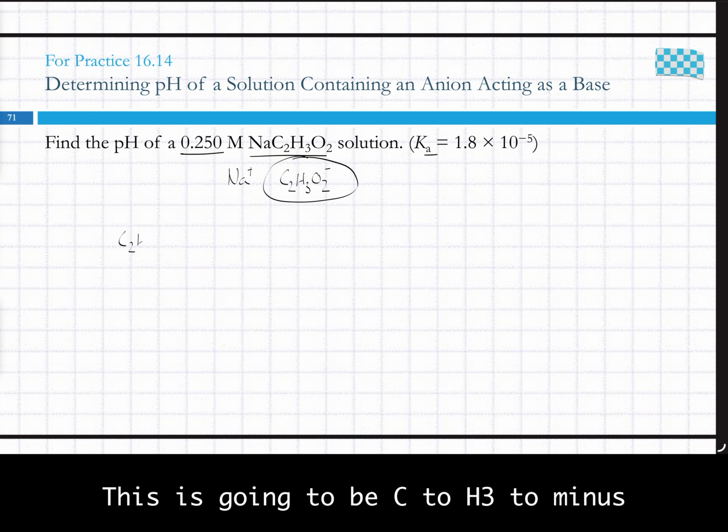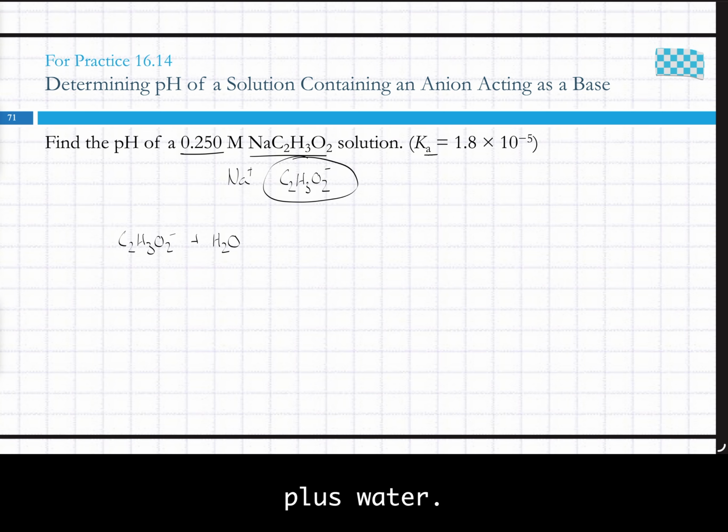This is going to be C2H3O2 minus plus water gives me OH minus plus HC2H3O2.